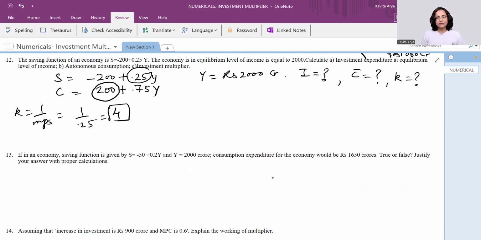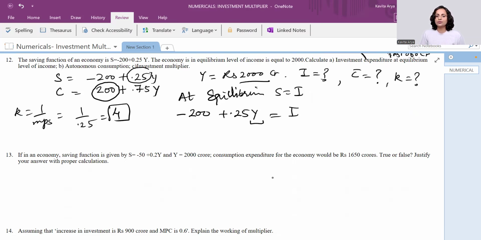Now the last is I. We know at equilibrium, S is equal to I. So we'll use minus 200 plus 0.25 into y, and this is my I. The only unknown variable here is y, and y is given as 2000.